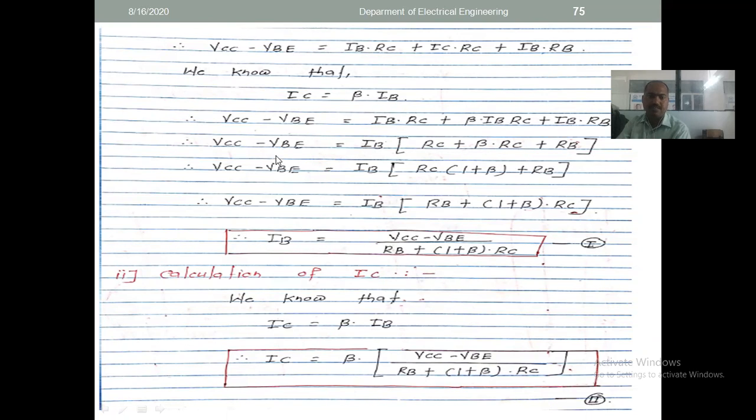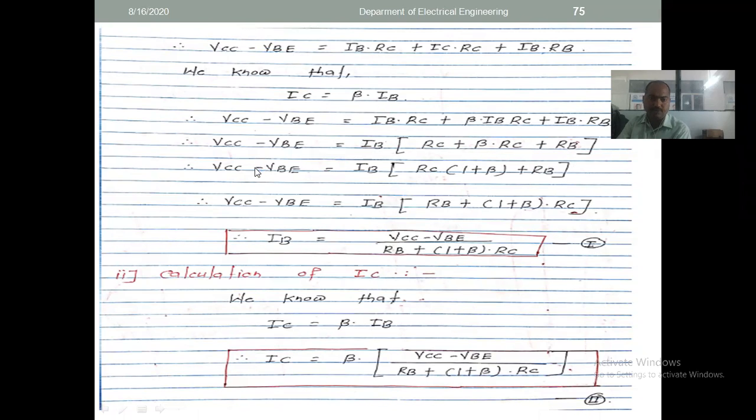Now here, RC is common, so RC into 1 plus beta, plus RB. This should be coming, right?